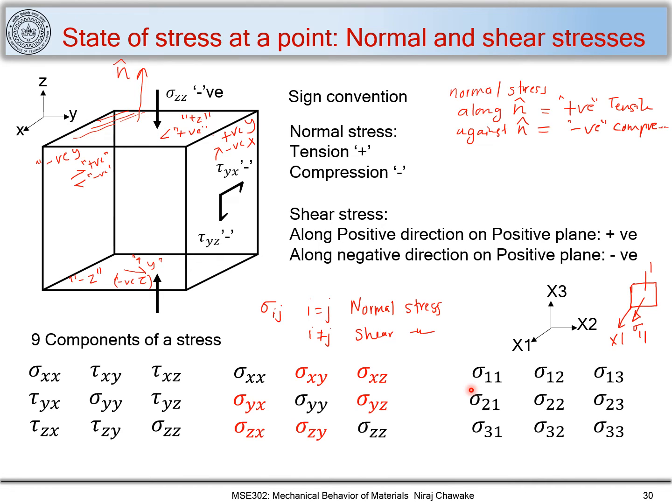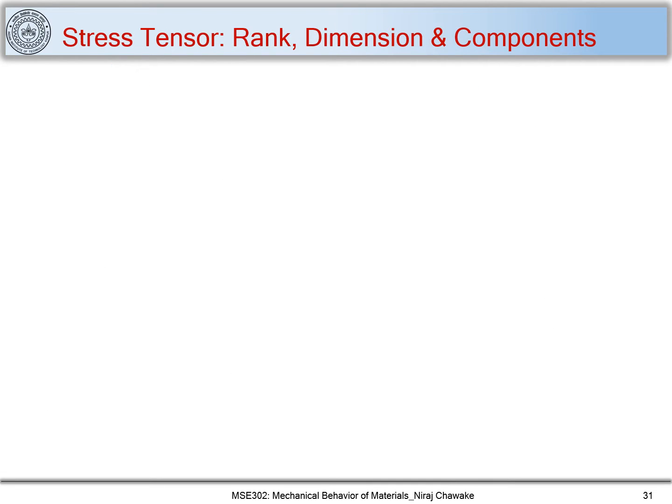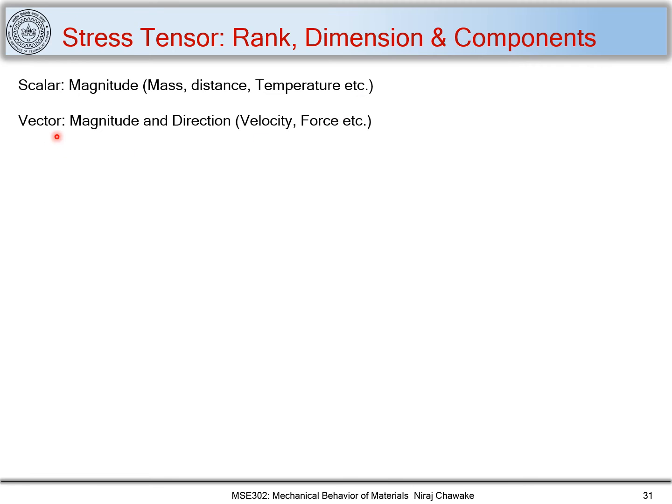Now I have mentioned that it is a stress tensor. Let me give you a brief introduction about what tensors are. You can read more about tensors elsewhere, but for our course, let me introduce what tensors are exactly. Before that, let's understand what scalars are. Scalars can be defined just by magnitude, like mass, distance, temperature, etc. Vectors need both magnitude and direction, like velocity and forces.